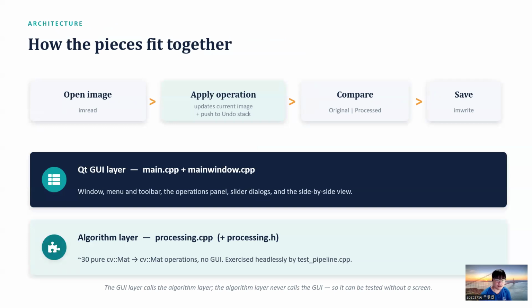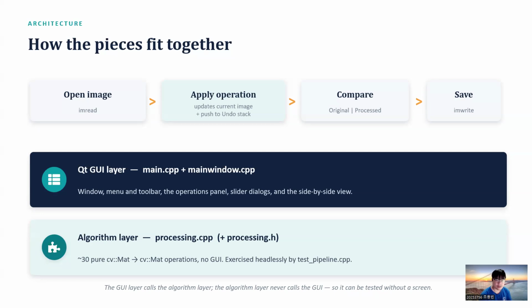So here is how the pieces fit together. Across the top is the data flow. You open an image, each operation updates the current image and pushes the previous version onto the undo stack. You compare the original versus processed, and finally you save. Underneath are two layers of code.